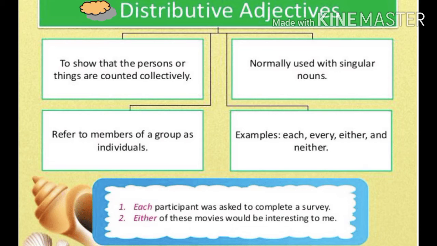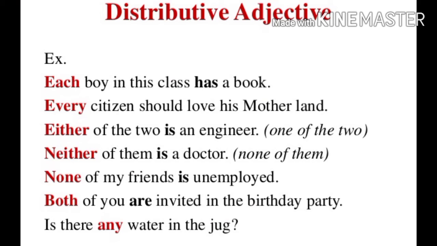We should remember that distributive adjectives are always used when we are referring to a group of people or a group of things. When we want to give importance to the people in a group, we would use the distributive adjective each and every. Some examples of distributive adjectives are each, every, either, neither, any, etc.